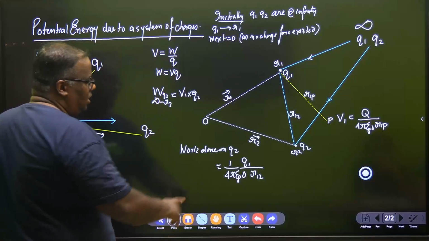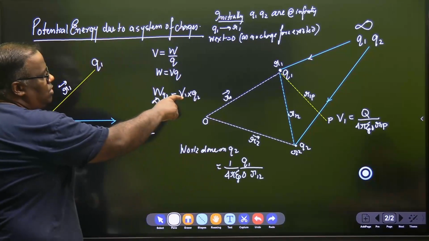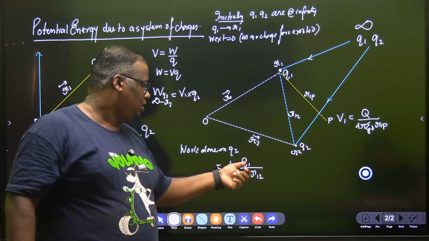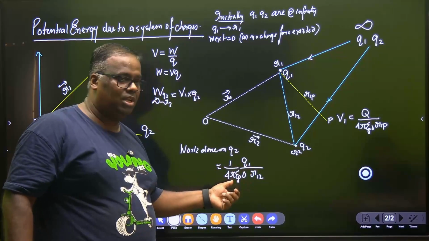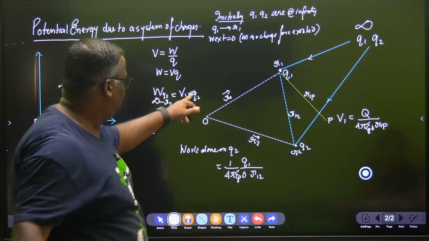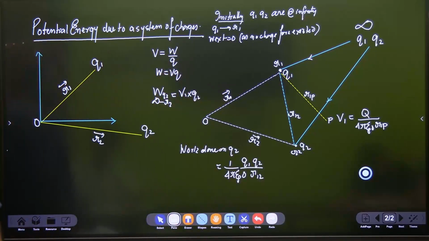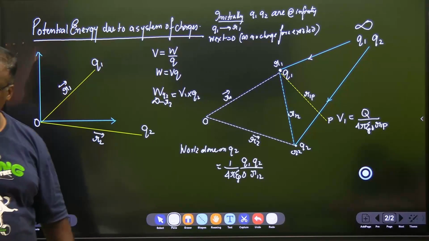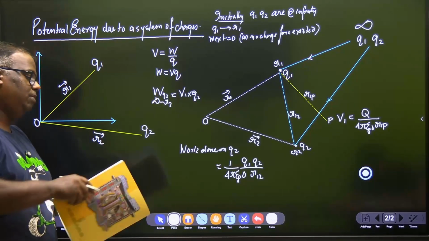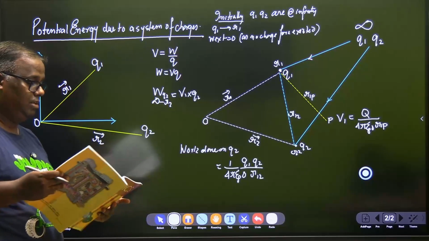Therefore, the work done is equal to the potential, which is Q1 by 4 pi epsilon 0 R12, multiplied by Q2. Is this understood now? Clear now? This is the work done for you to come from infinity to that position, right?